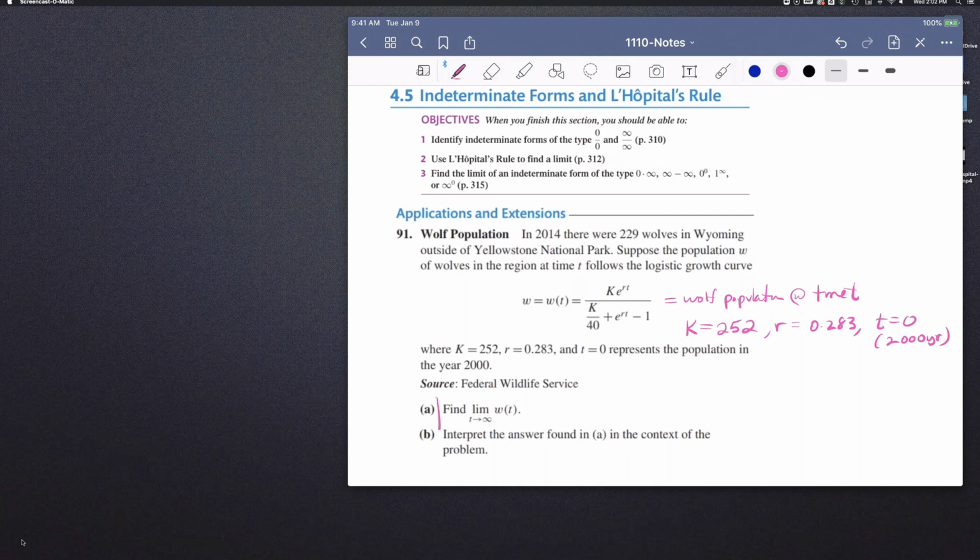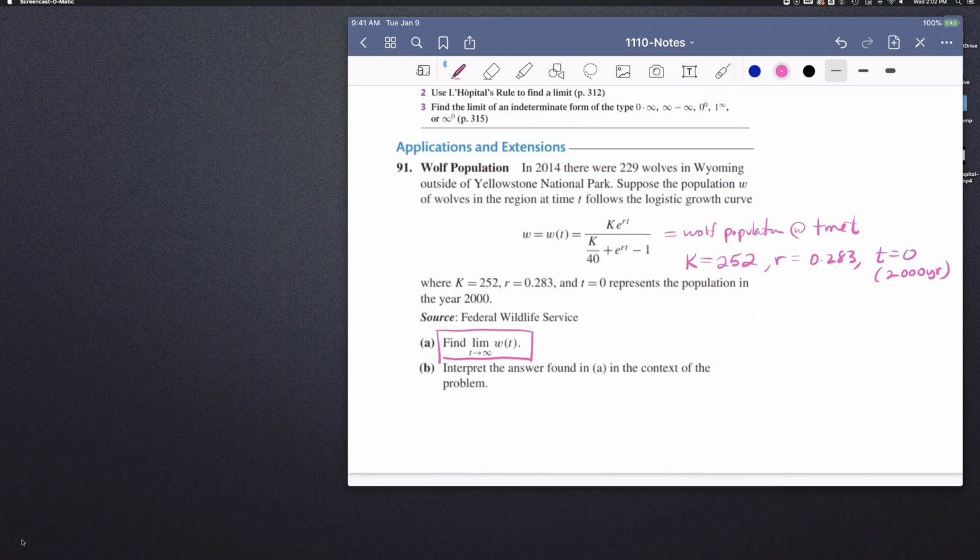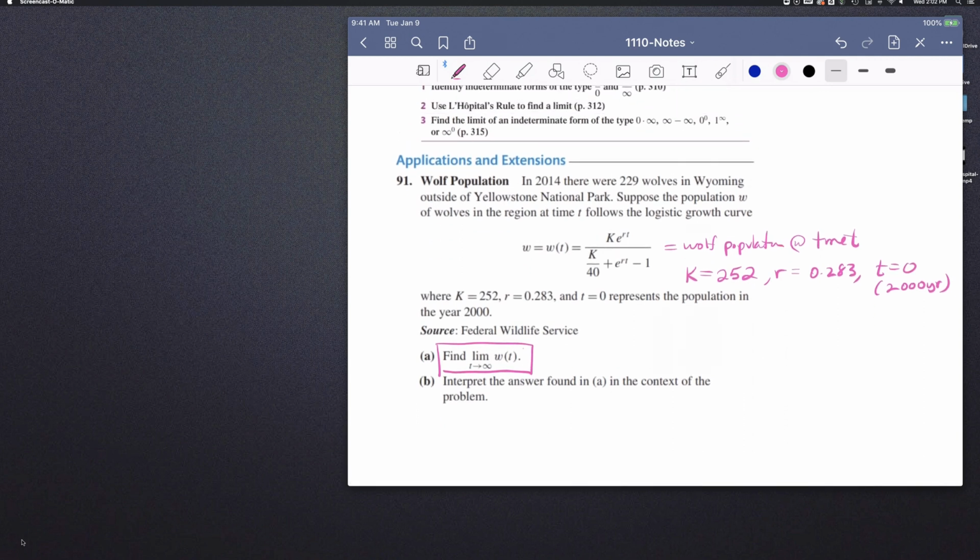There are a couple of ways to approach this problem. The first is to go straight at it, just computing the limit like we would any limit. We compute the limit as t goes to infinity of k e to the rt divided by k over 40 plus e to the rt minus 1. K and r are given, so we know that r is positive and k is also positive.